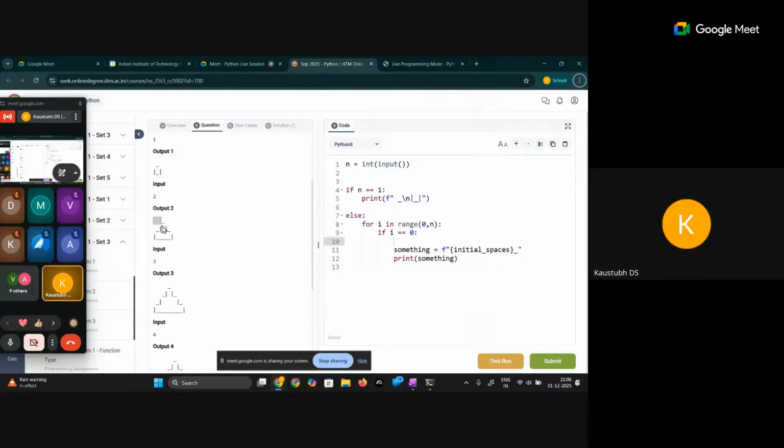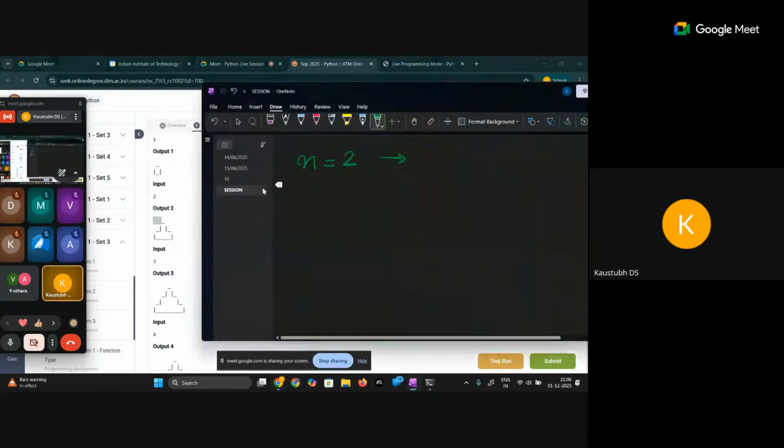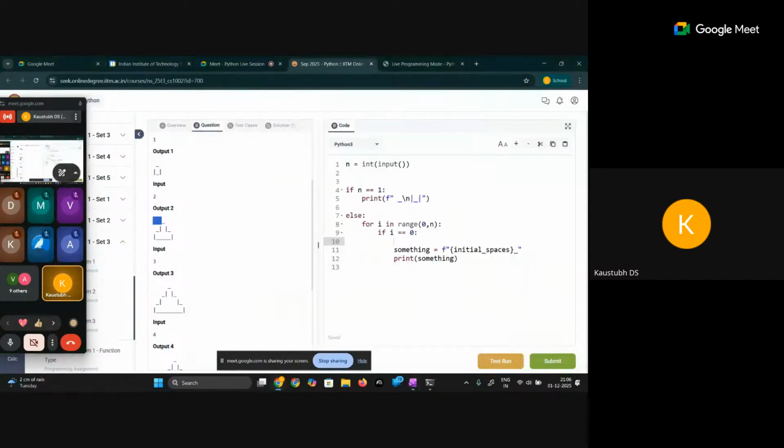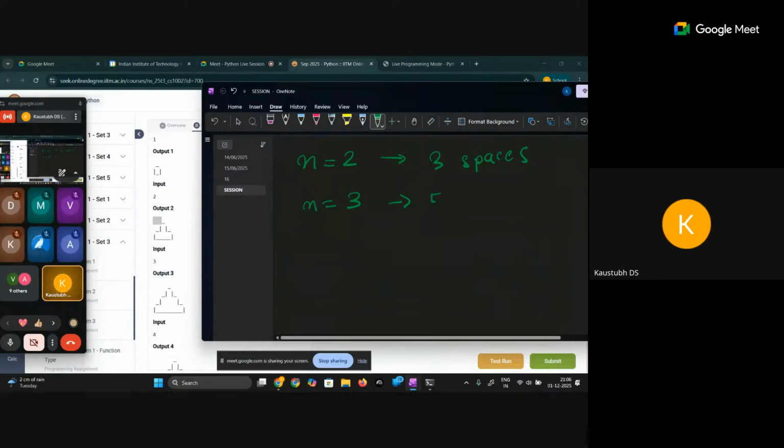That is true, 3. For n equals 2, we had again 3, right? One, two, three. Okay, we had three spaces. For n equals 3, we have one, two, three, four, five spaces. Okay, we had five spaces.